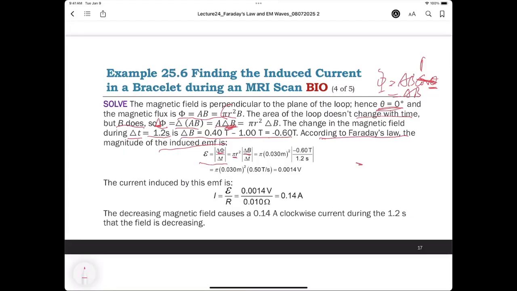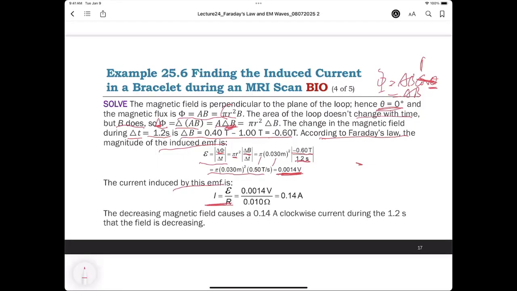Then we can calculate: we put in pi, R, and delta B here, and the time difference here. The induced EMF is equal to this one, and the current induced by this EMF is equal.